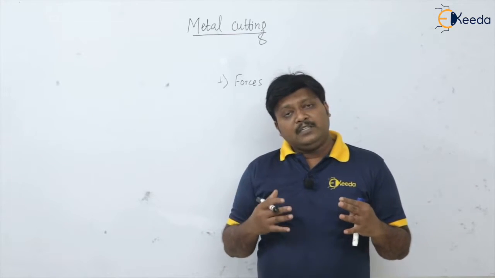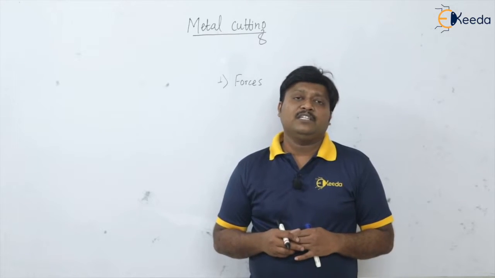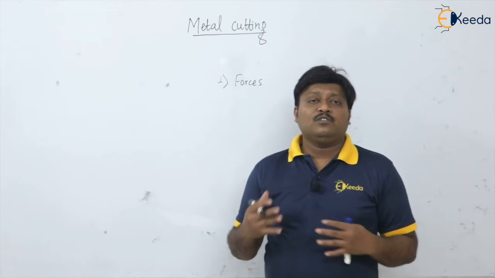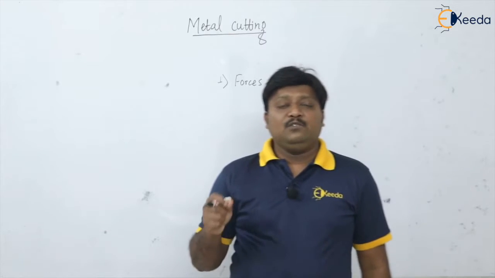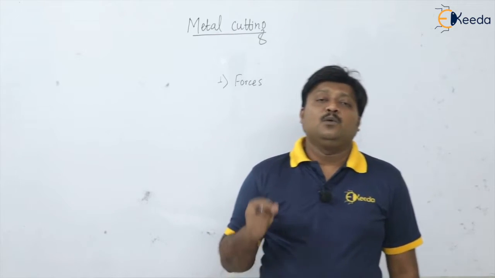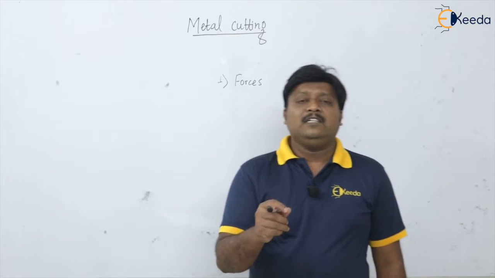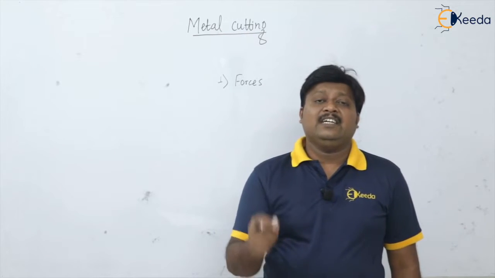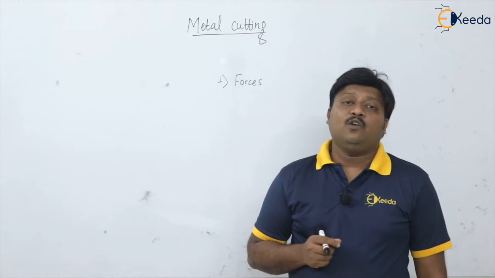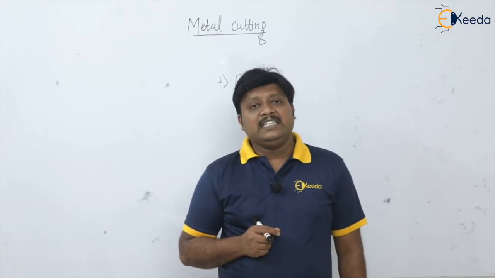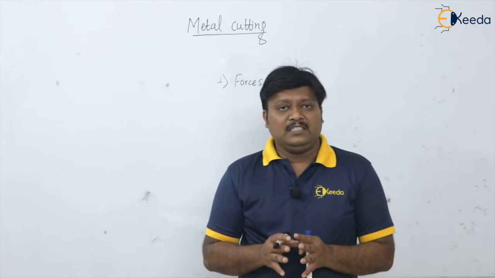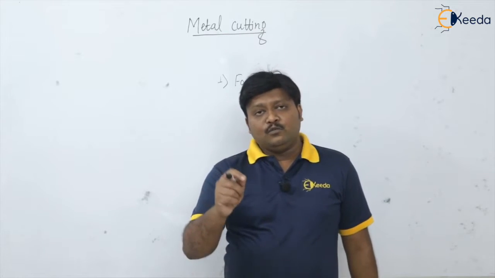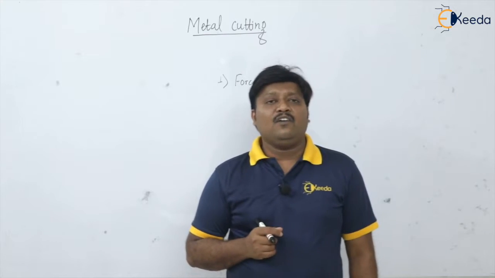If you know the cutting forces in the operation, how do these forces help us? By using these forces we can get the correct or required rigidity of the machine tool, isn't it? So once you get these cutting forces in the operation, we can define the rigidity of the machine tool.